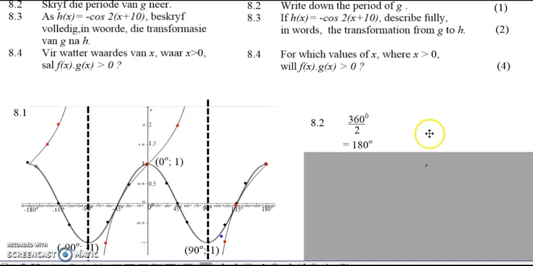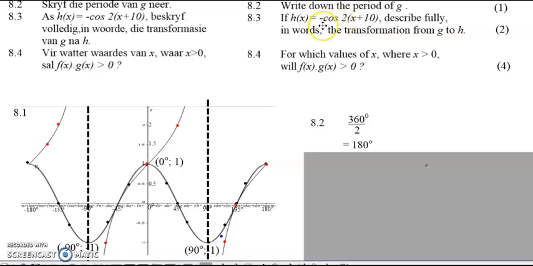The next question. If h of x is equal to negative cos 2 into x plus 10, describe fully in words the transformation from g to h. Firstly, we notice a negative sign.